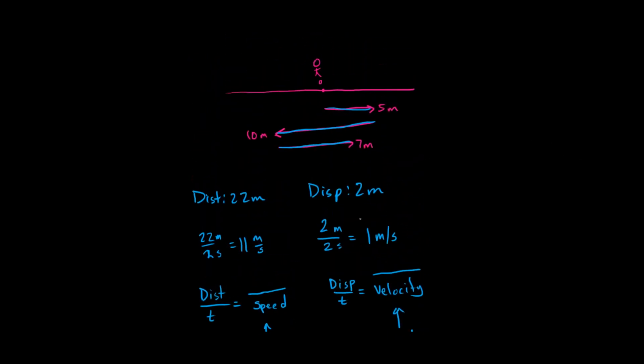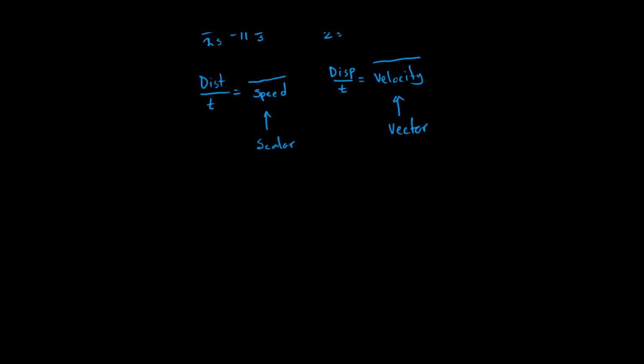So the correct way to write down my velocity here would be 1 meter per second to the right, because that way I have my magnitude and I have my direction. And an easy way that I found to memorize this is that speed and scalar both start with S, and velocity and vector both start with V.